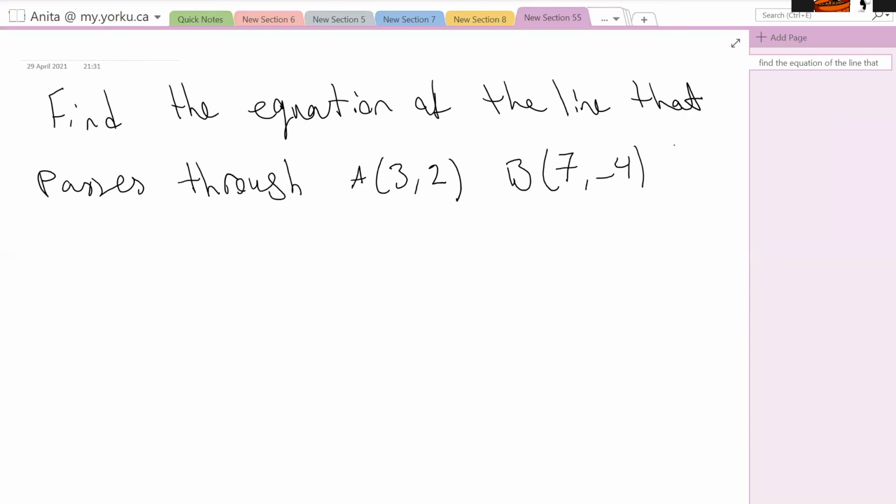So find the equation and then draw the line.